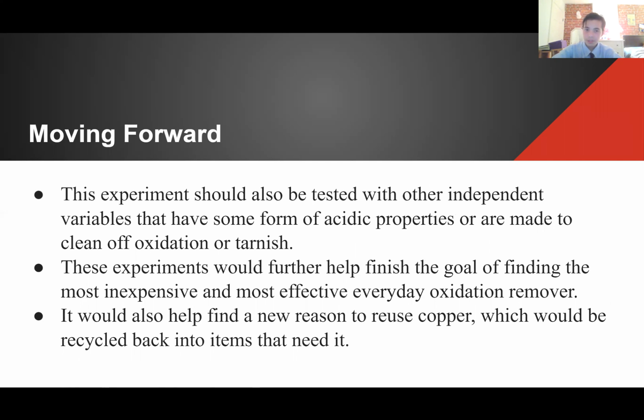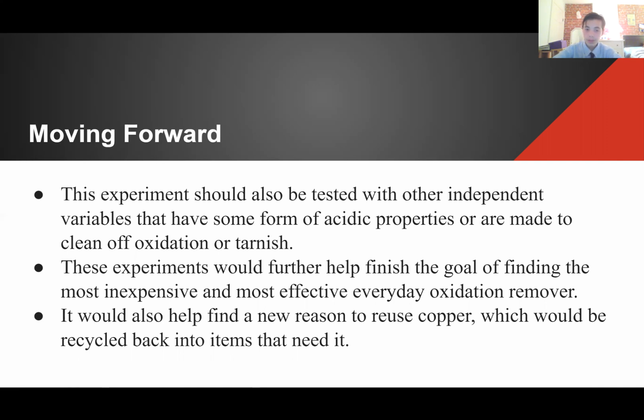This experiment should also be tested with other independent variables that have some form of acidic properties or are made to clean off oxidation or tarnish.